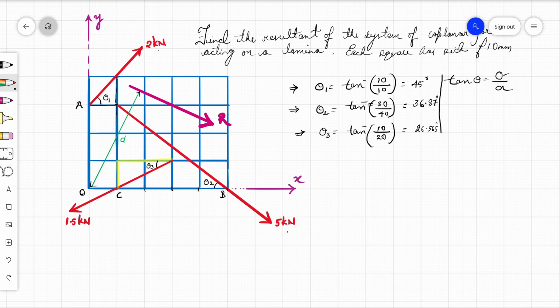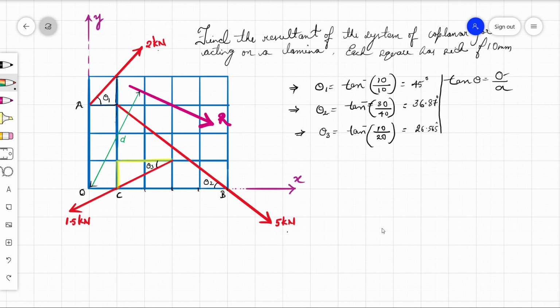One more thing you need to observe over here is, while finding a resultant, make sure whether the line of action is sometimes passing through O. If the line of action is passing through O, remember this one concept: at that time, you can neglect one moment itself. Okay, we'll see this in the future. As of now, we'll find the resultant.